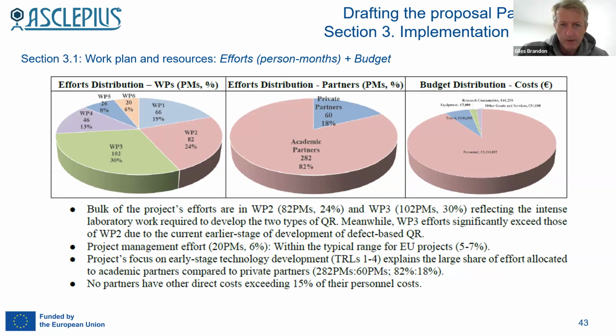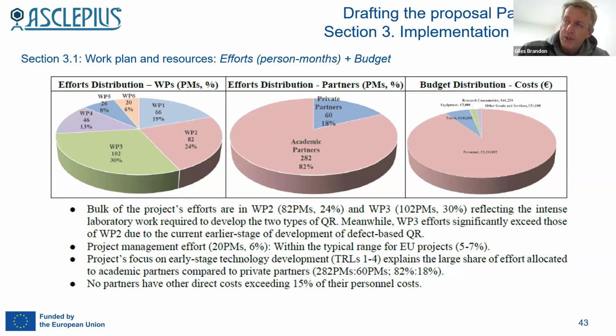The pie chart in the middle shows efforts distribution across partners. In this figure, I'm showing what number of person months, what percentage, is allocated to academic partners, that's the pink part, and the blue shows similarly for private partners. The things you need to understand are the following.